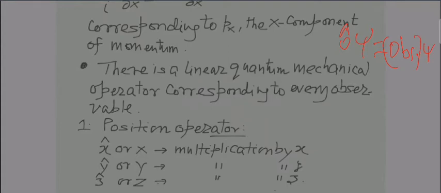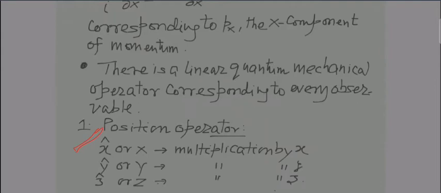In a similar fashion we have various kinds of operators. In classical mechanics we have position and momentum, and all of those correspond to an operator in quantum mechanics.